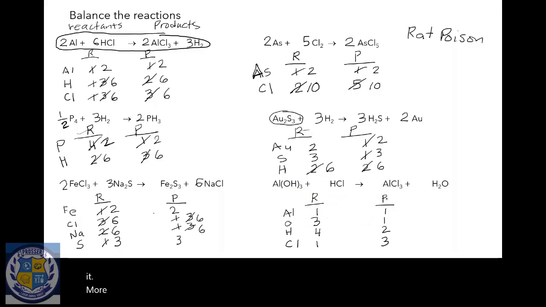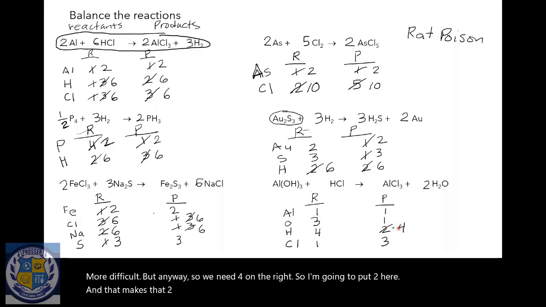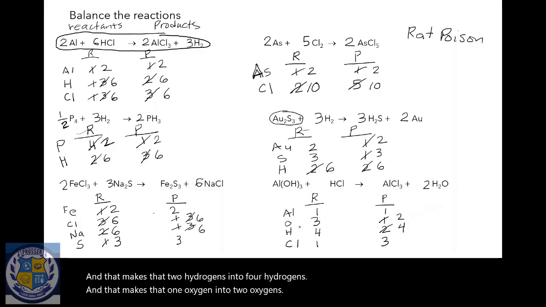But anyway, so we need 4 on the right. So I'm going to put a 2 here, and that makes that 2 hydrogens into 4 hydrogens. And that makes that 1 oxygen into 2 oxygens. Okay, well, that doesn't do much good for the oxygens. Well, let's keep going. Let's do the chlorine.